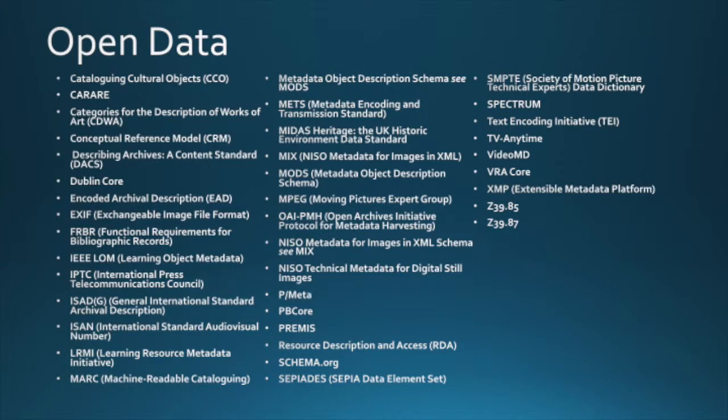So, at the risk of harping on about it, let's come back to open data again. When you are considering making your data available, choose a route that keeps the data open. This is the list of metadata schemas that are on the JISC site. And you know, there are a huge variety of different metadata schemas available.